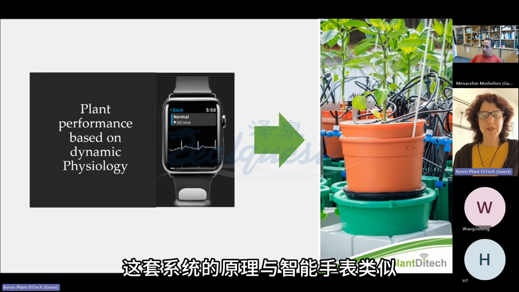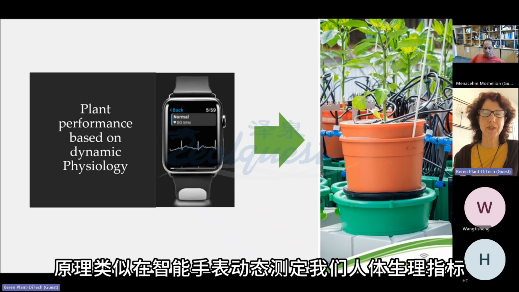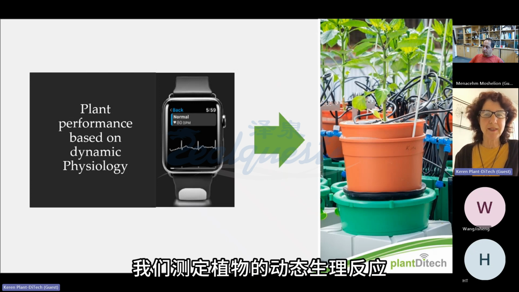The principle of the system is very similar to a smartwatch. Similar principle of dynamic measurement of the physiological response from our body in smartwatches, but we do it for plants. So we measure the plant dynamic physiological response.